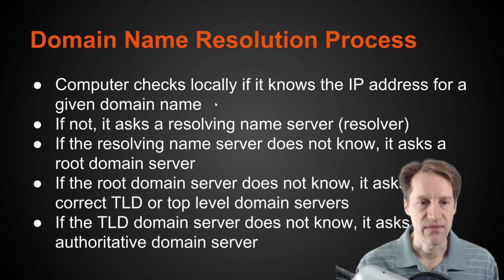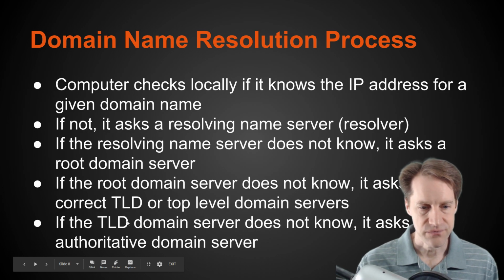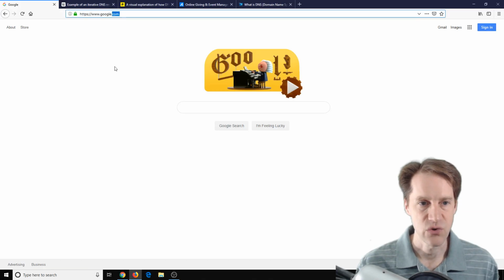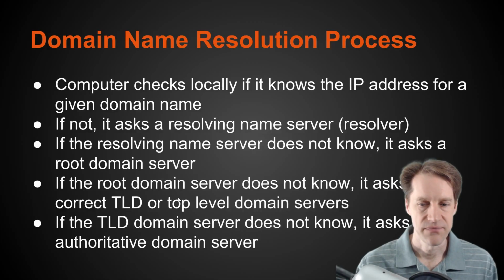So then the resolving name server, or the resolver, goes and talks to the top-level domain server. It asks, do you know google.com? And if it doesn't know google.com, it asks the authoritative domain server.